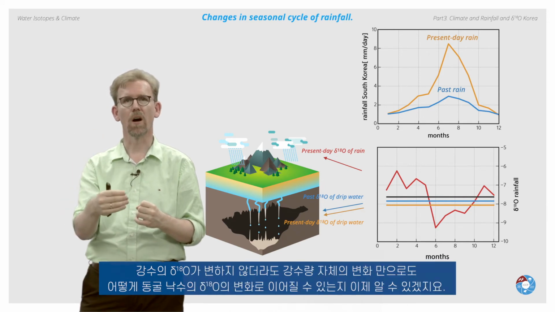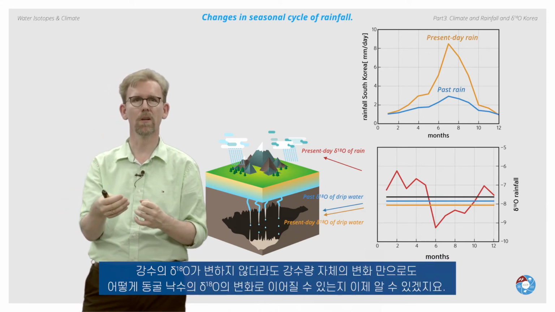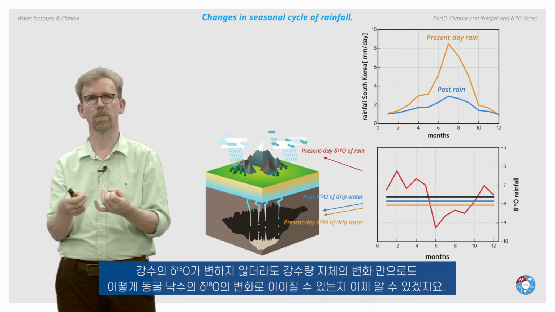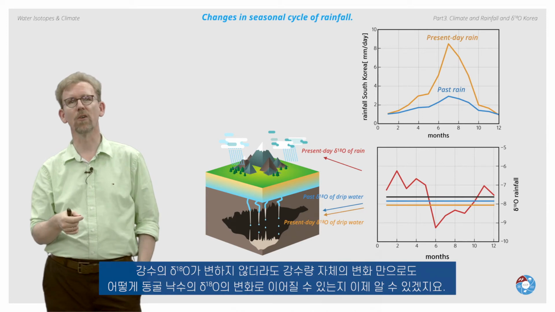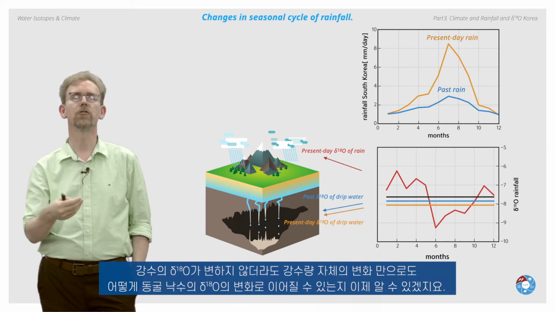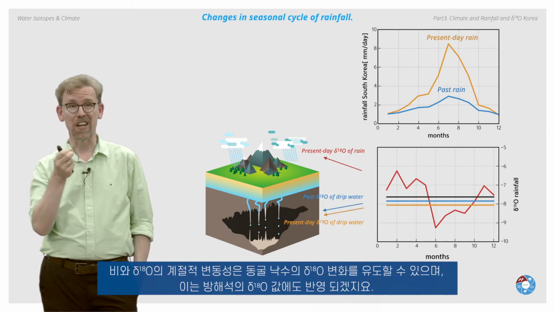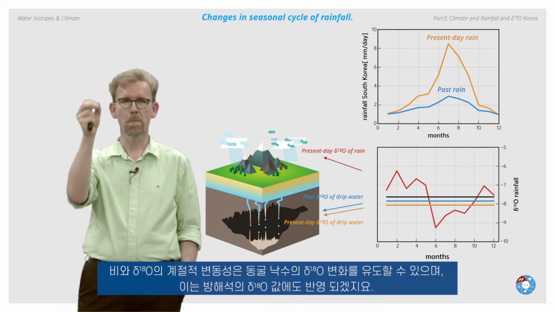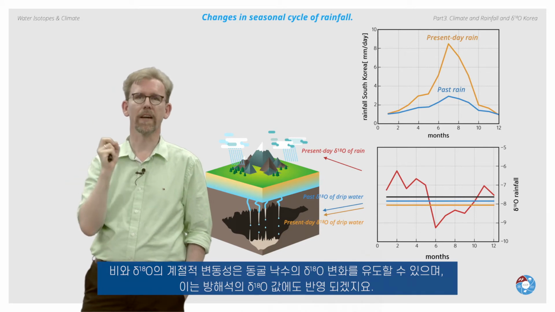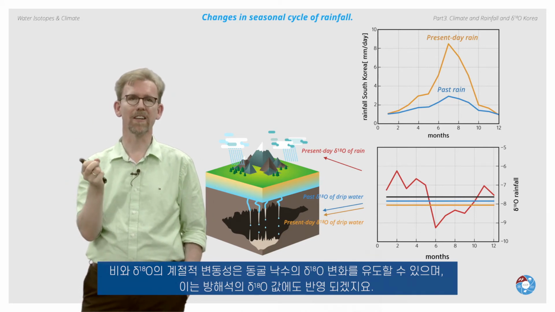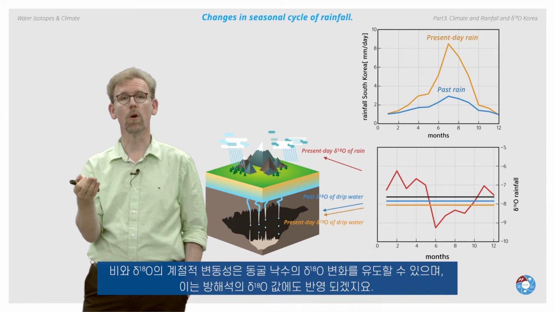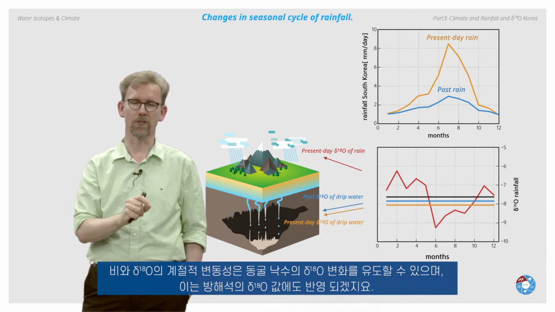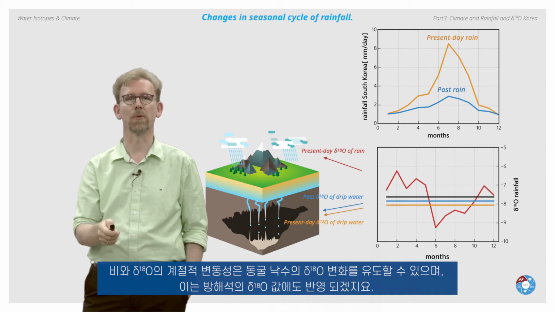We can see now how a change in rainfall can lead to a d18O drip water change, even though the d18O of the initial rain stays the same. Changes in the seasonal covariability of rain and d18O can cause drip water d18O changes, which will also be reflected in the d18O eventually of calcite of our speleothem samples.